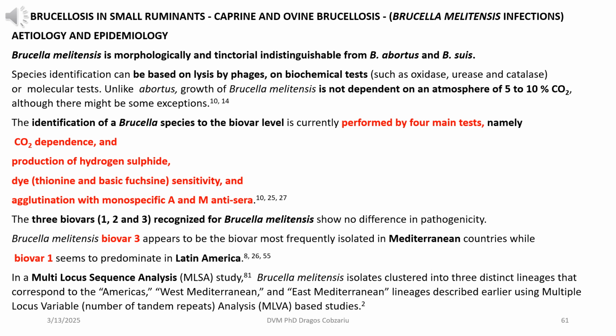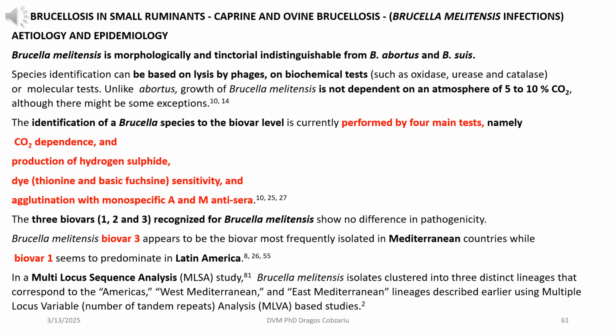Brucella melitensis is morphologically and tinctorially indistinguishable from B. abortus and B. suis. Species identification can be based on lysis by phages, on biochemical tests, such as oxidase, urease and catalase, or molecular tests. Unlike abortus, growth of Brucella melitensis is not dependent on an atmosphere of 5 to 10% CO2, although there might be some exceptions.